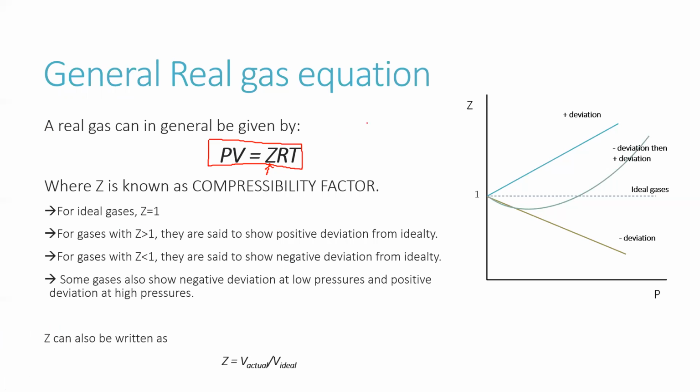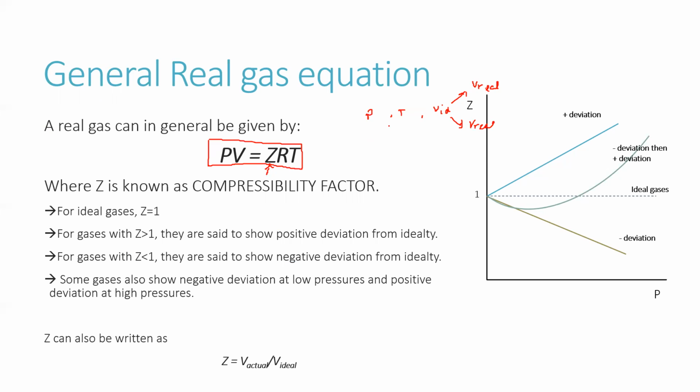Basically, at a given pressure and a given temperature, if the ideal volume is calculated, then the real volume is either going to be greater than that or it is going to be lesser than that. So the compressibility factor takes that into account.